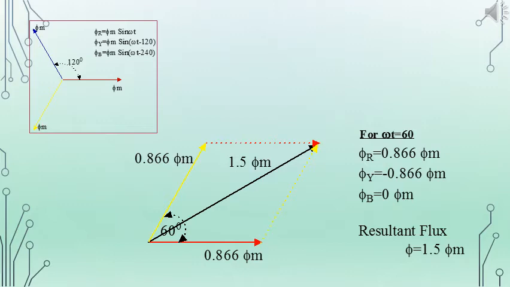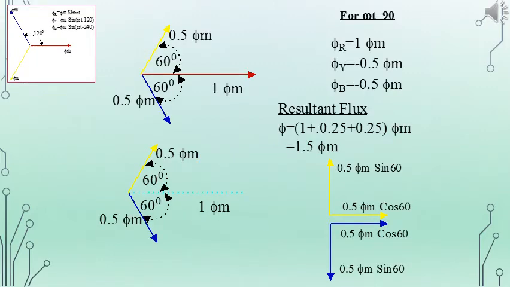Comparing with the previous case where omega t is equal to 30, for omega t equal to 60 degrees, the resultant is again rotated by an angle of 30 degrees from the previous case in clockwise direction. And keep in mind, the resultant magnitude is the same for all the cases.